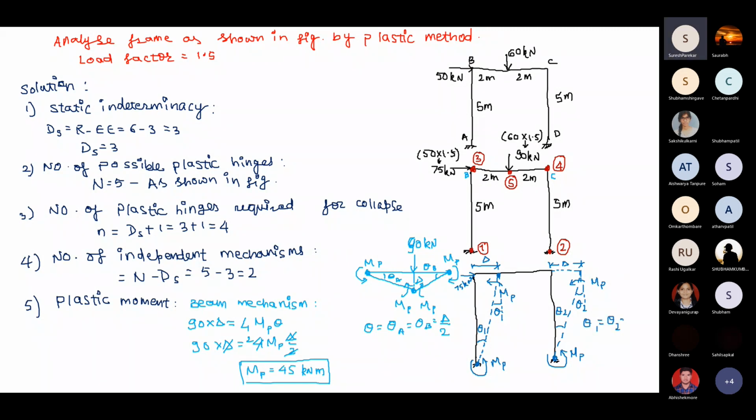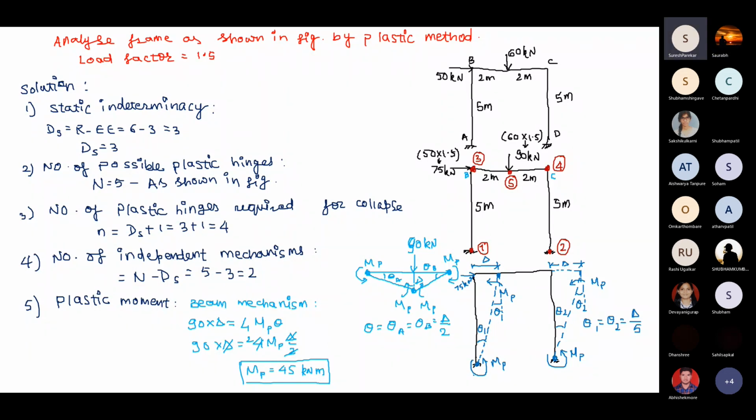So theta 1 is equal to theta 2 is equal to delta by 5. Done?